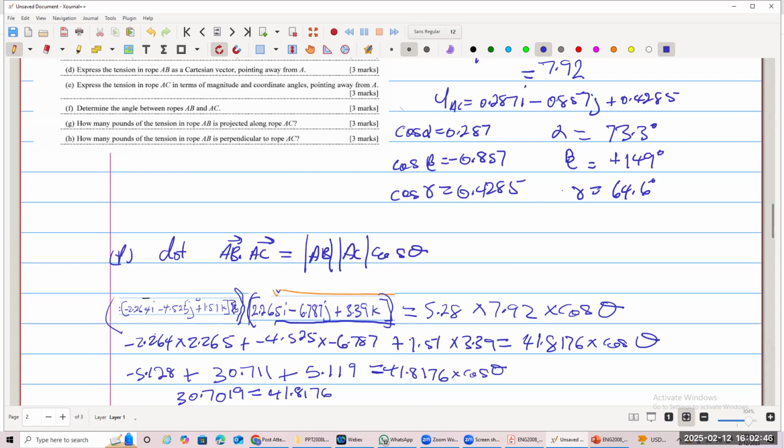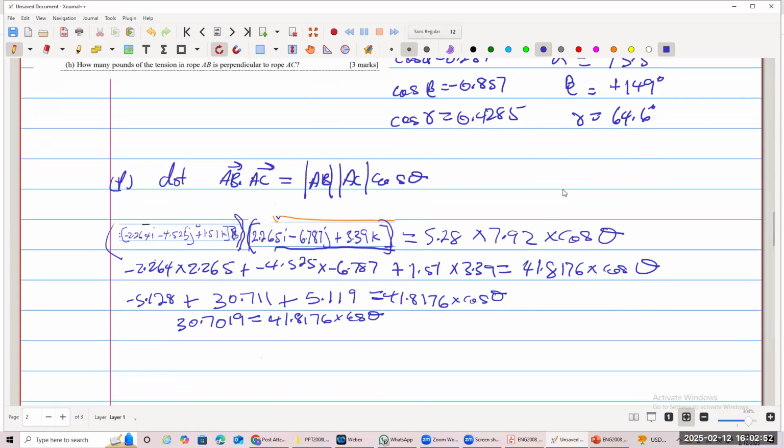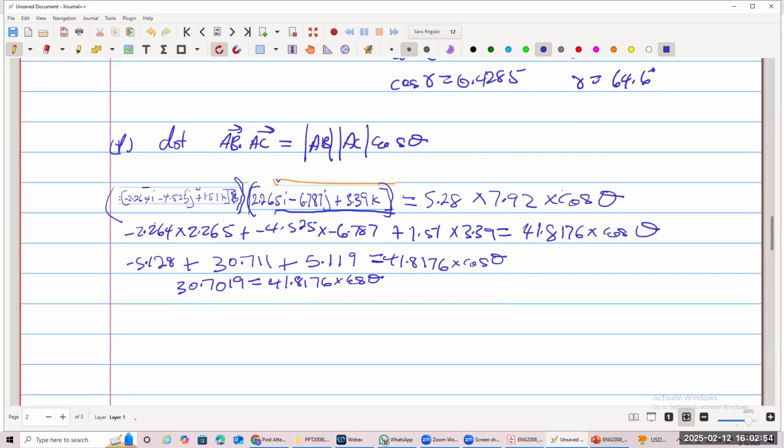Times the cos. So you transpose the cos, and what do you get now? Cos theta is going to be equal to 30.7019 upon 41.8176. And then you get that and do the cos inverse.